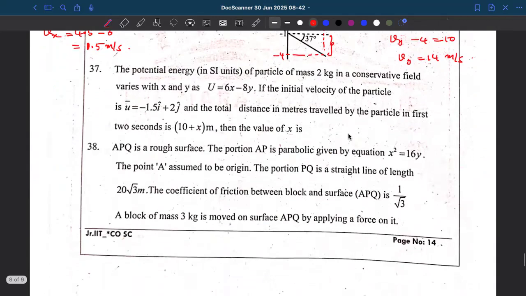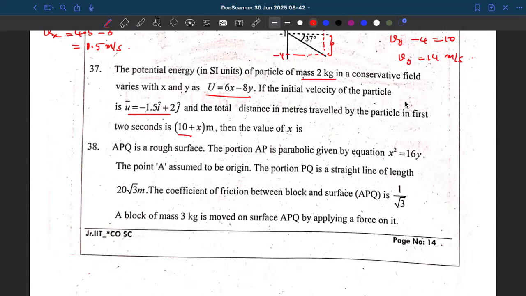Next, the potential energy of a particle of mass 2 kg in a conservative field varies as U equal to 6x minus 8y. If the initial velocity of the particle is this much, and the total distance in meters traveled by the particle in the first 2 seconds is this, then the value of x is. Fine, no issues.